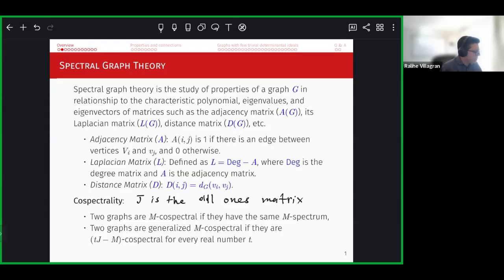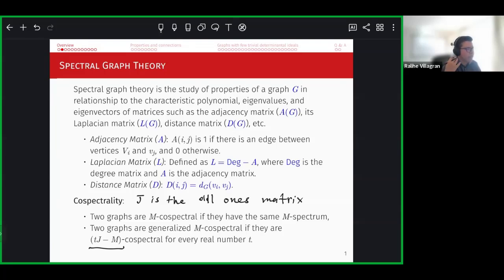In particular, Johnson and Newman proved that two graphs are generalized cospectral if and only if they are cospectral for that particular matrix for two values of t. So it's not necessary to check for every value. We can talk about two values.